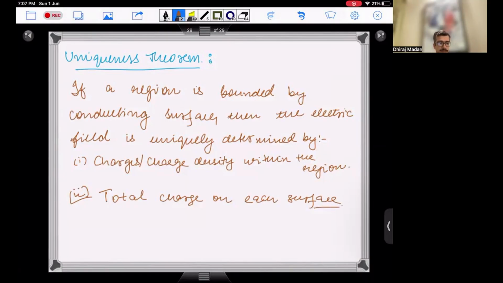Okay. So basically, that's what this particular theorem says.